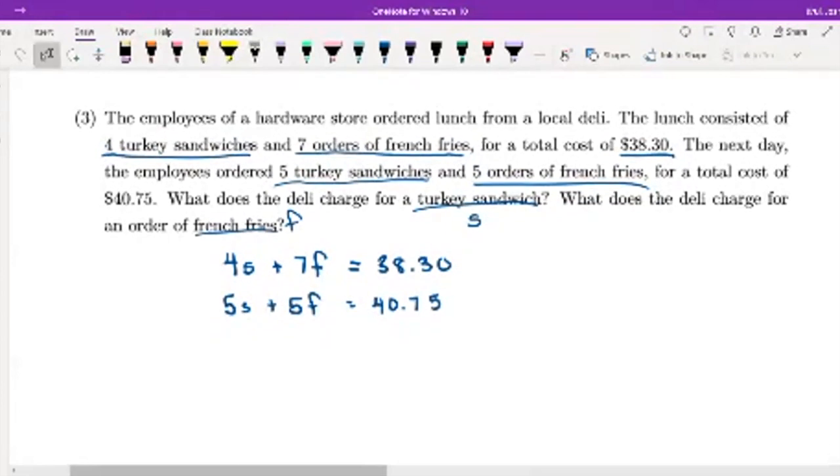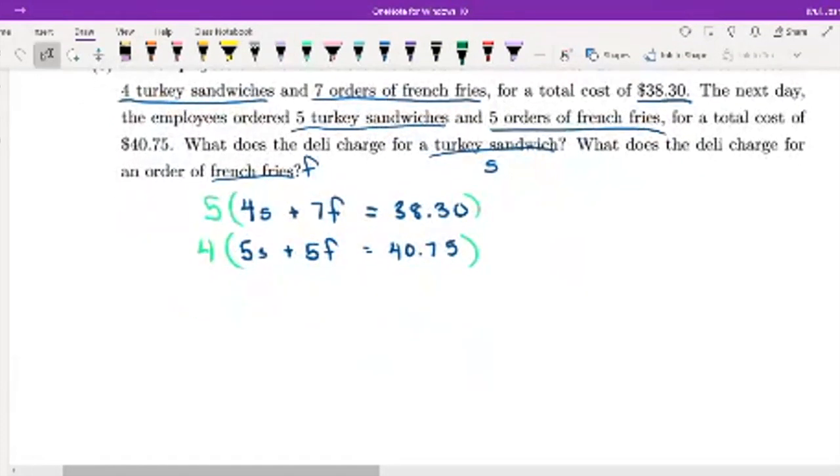So you'll notice that in this question, unfortunately, there is no easy way to cancel any of the variables. So what we're going to do is multiply the top equation by the 5 and multiply the bottom equation by the 4 to make it 20 so that we can cancel. So I'm going to rewrite both of the equations because it's a lot of math to do in our head without rewriting it.